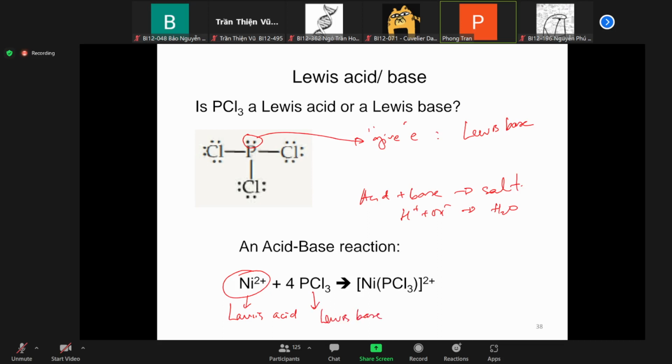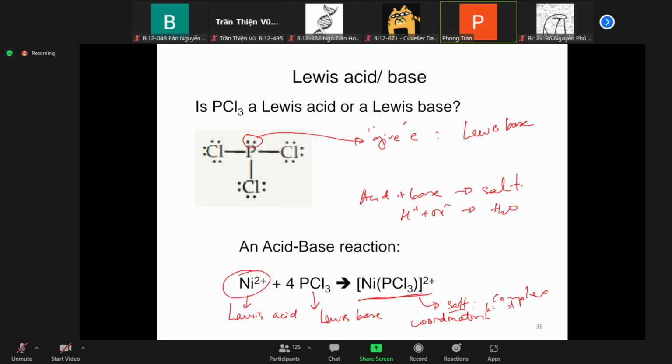So basically you have this product of the acid-base reaction. But later when you learn inorganic chemistry, it's a complex with a coordination bond. Okay?